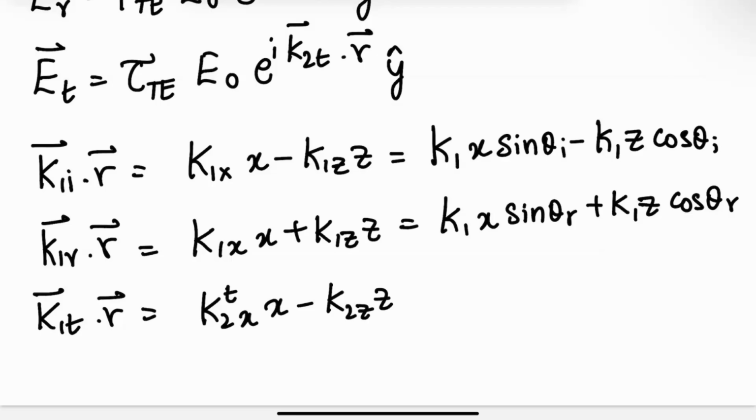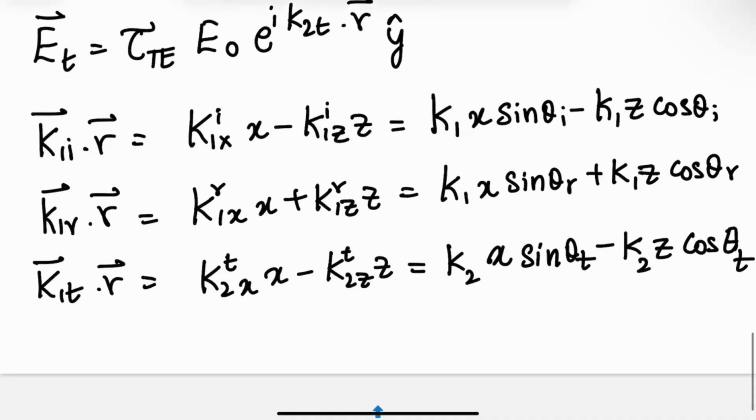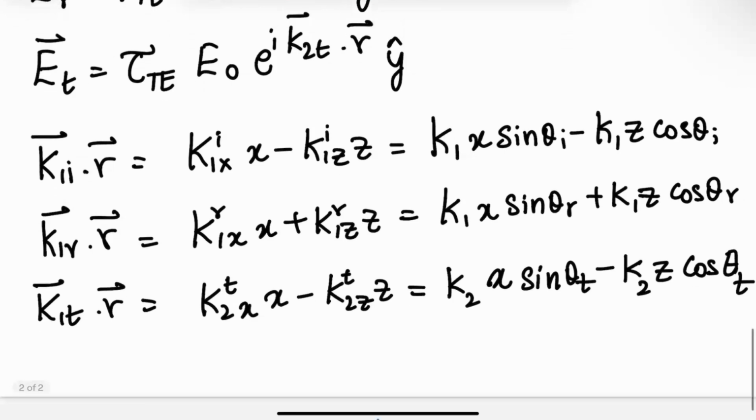I should actually put a T here, R here, and an I here, because they are slightly different, they're not the same thing. So this would be k2x sine theta T minus k2z cosine theta T. Should rewrite this a little bit nicer. Okay, so we have these expressions for E and k.